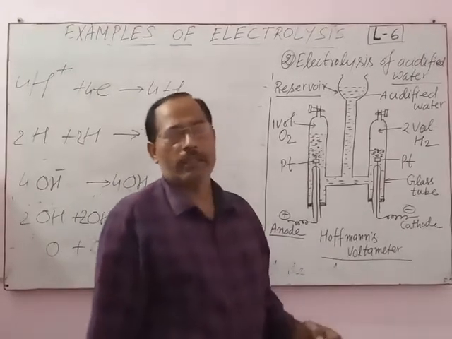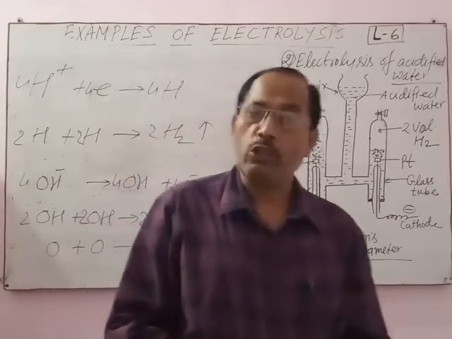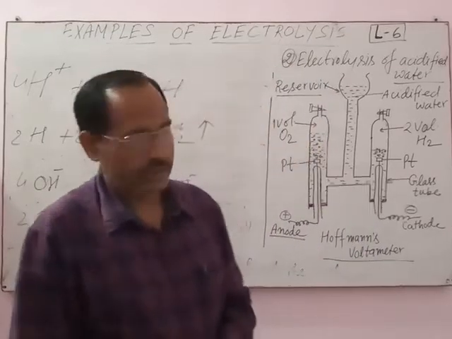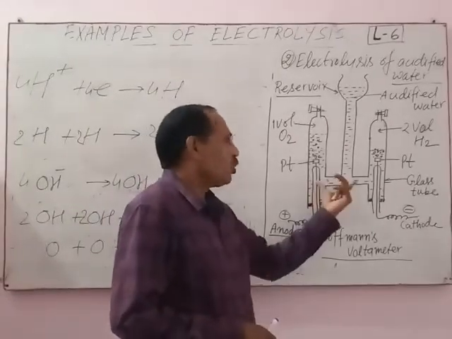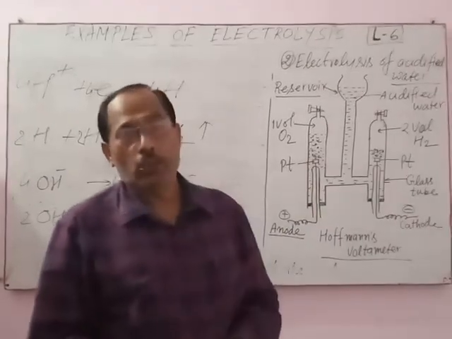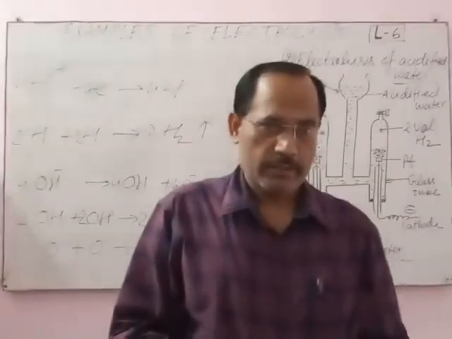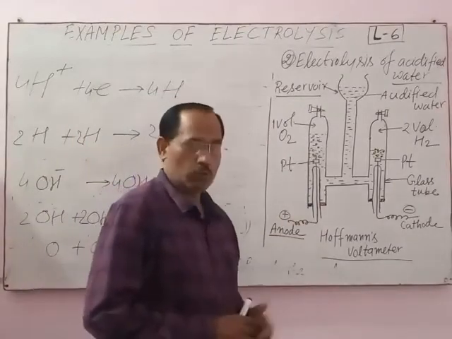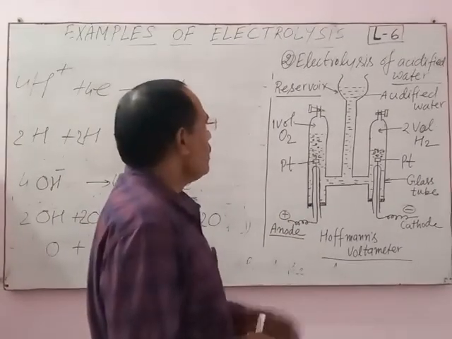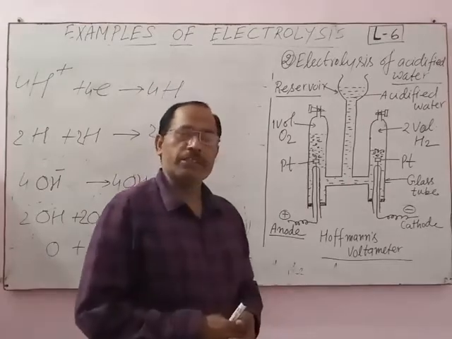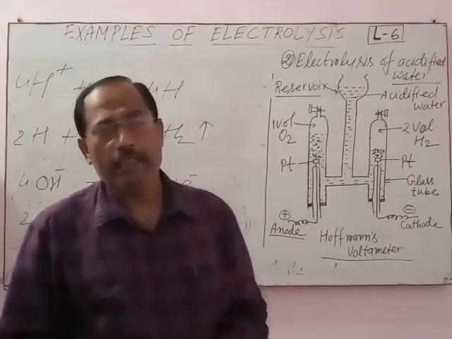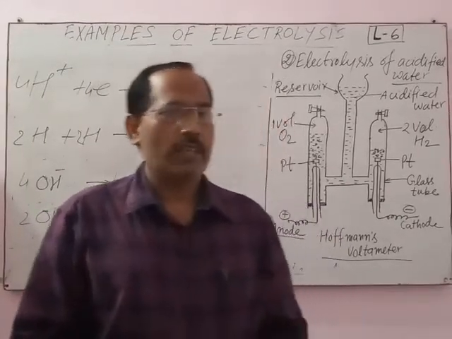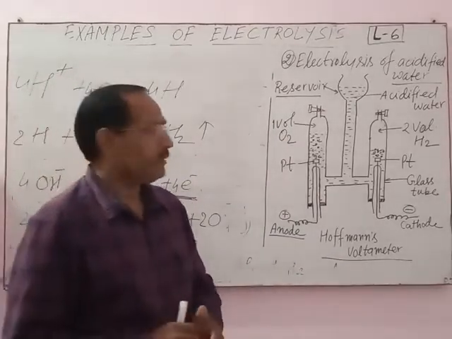Hofmann's voltameter is the electrolytic cell in this case. Platinum electrodes, which are inert electrodes, are used for the electrolysis of acidified water. Acidified water acts as the electrolyte.